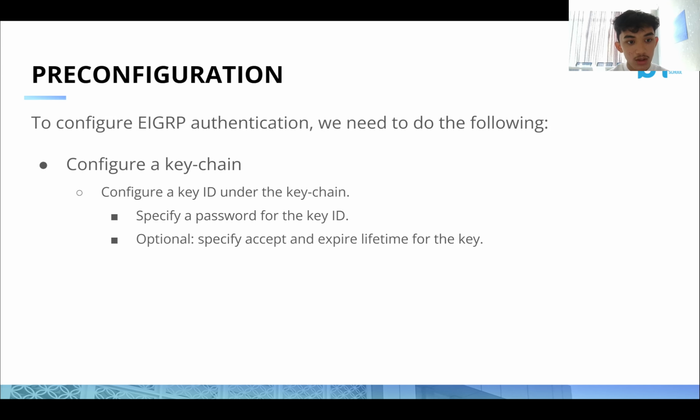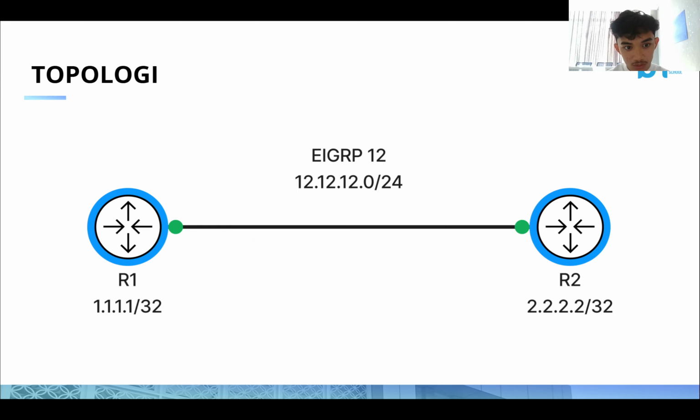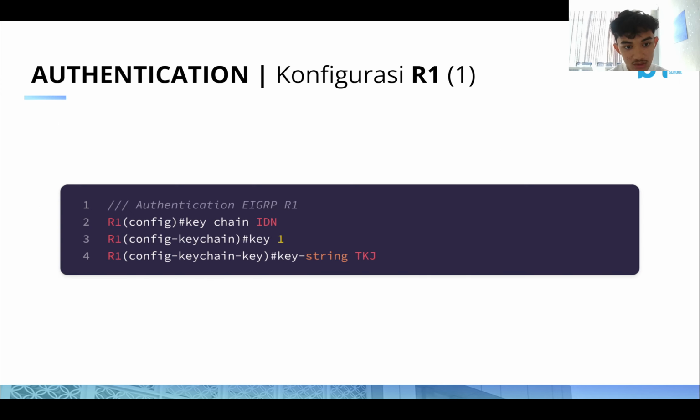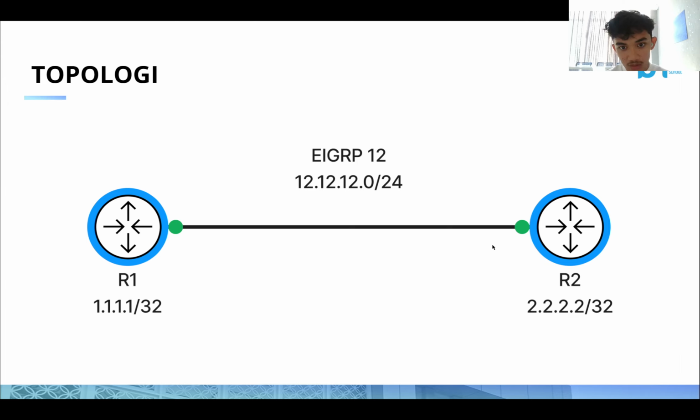And then we'll try using these two routers for the configuration. You can use this two-router topology. For me, we will create three routers, but we will just use only two.